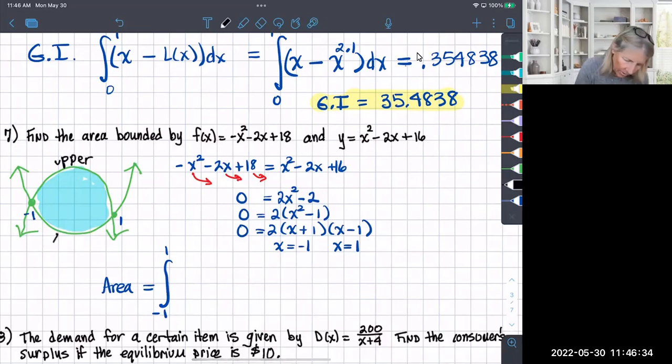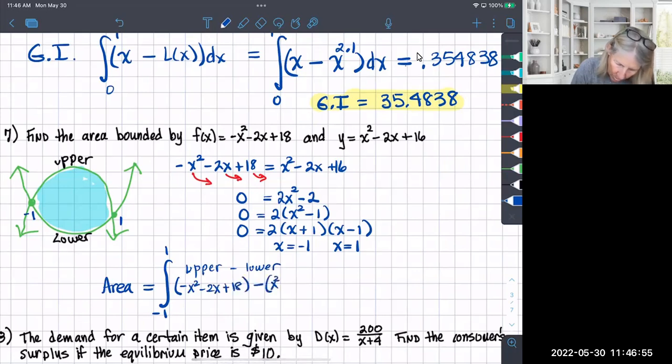And then the lower curve, being the one at the bottom of the area, is the parabola that faces up. So the integral, because I always set it up upper curve minus lower curve, will look like this. The upper one being the negative x squared minus 2x plus 18 minus the lower curve, which is the x squared minus 2x plus 16 dx.